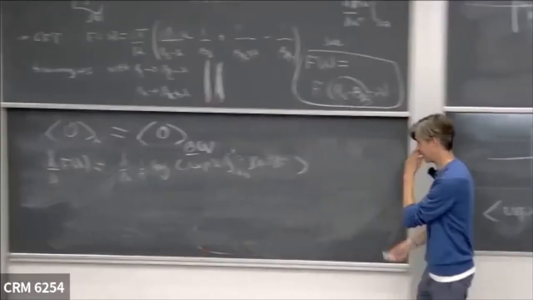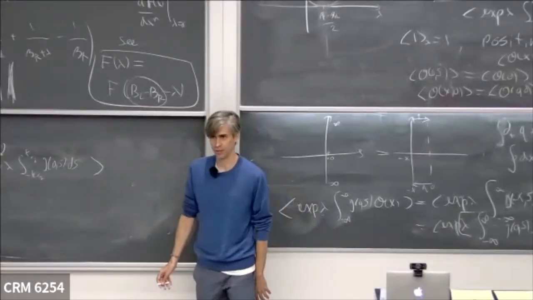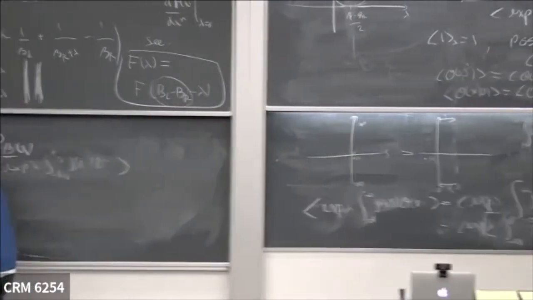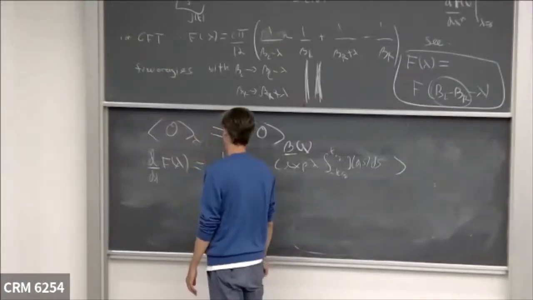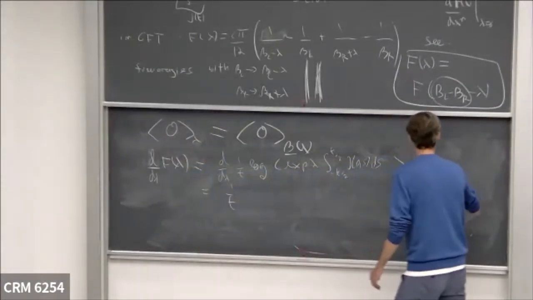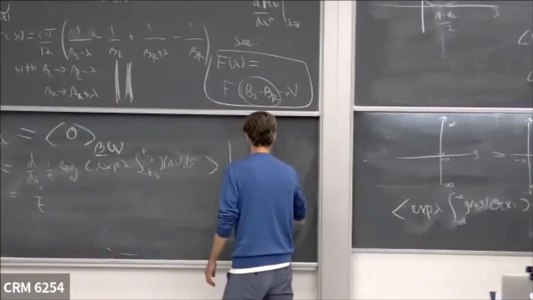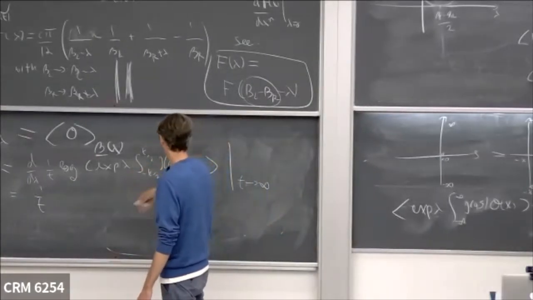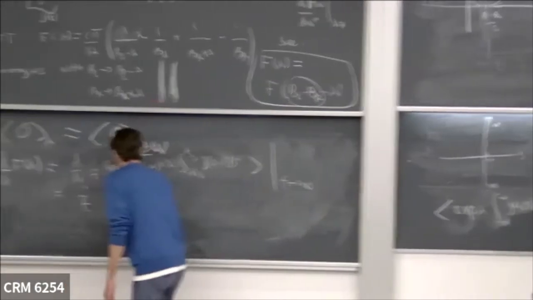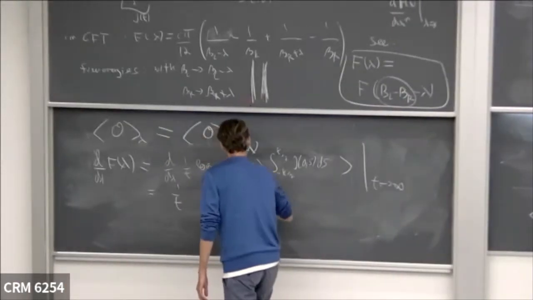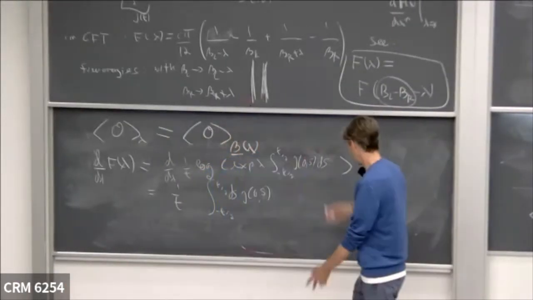That's the thing I want to evaluate. Now I do the derivative, 1 over t, evaluated of course at t going to infinity. I do the derivative, so I bring down the integration of the current j0s.